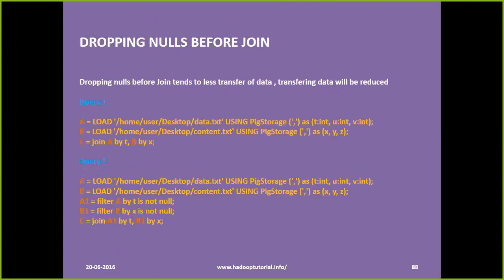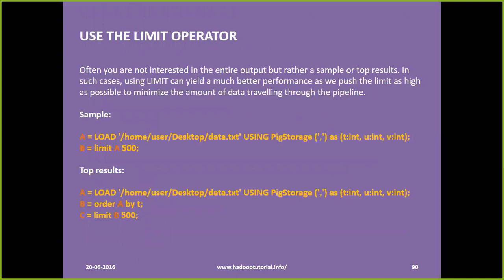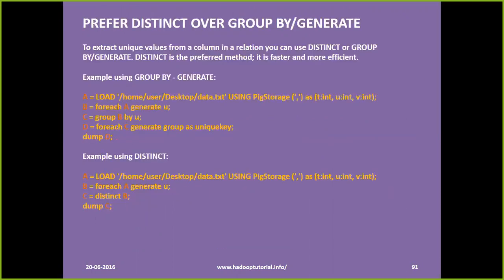So filter early, dropping nulls, all these things make sense, right? Join optimization. Use limit wherever you don't need the complete list of data. And when you are interested in the distinct, unique values, always prefer distinct over group by and generating the group.